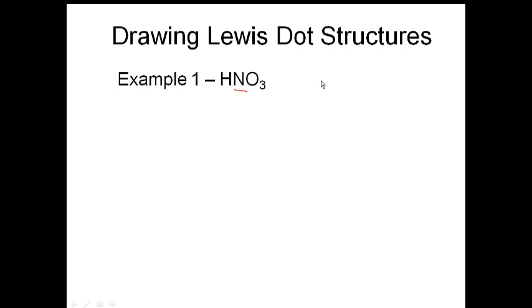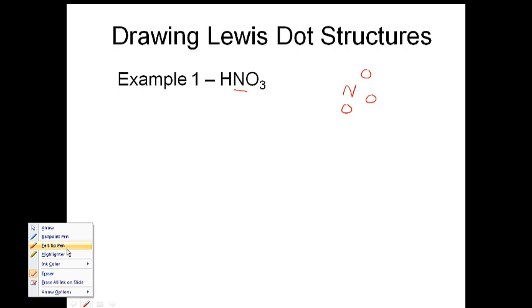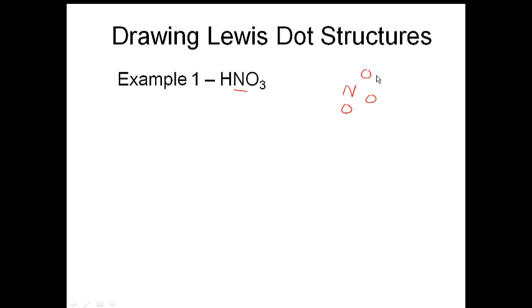In this case, I would give you the structure and say, we're going to have the 3 oxygens attached to the nitrogen, and we're not going to have that hydrogen just hanging out there. We're going to have the hydrogen attached to an oxygen, and it doesn't matter which one. So this oxygen will be attached to that hydrogen.